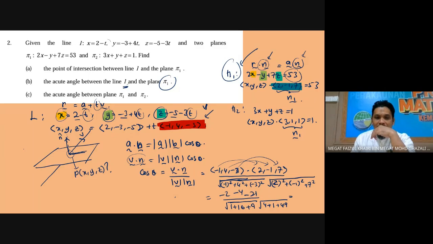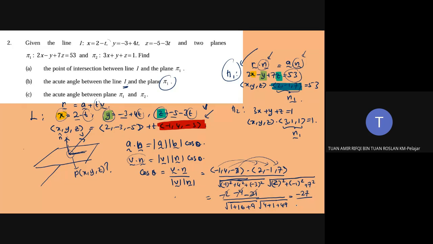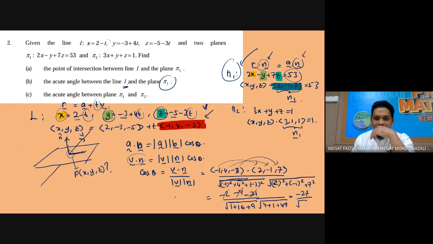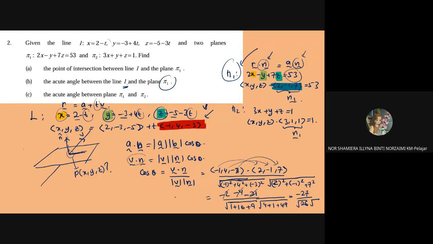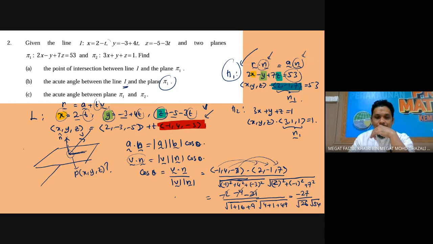So -1 times 2 is -2, 4 times -1 is -4. Okay, this one, what's the value of this? -2 minus 4, -6 minus 21, -27 divided by, okay, thank you, 9 plus 1 equals 10, plus 16, 26, and another one here, 49, 50, 54.